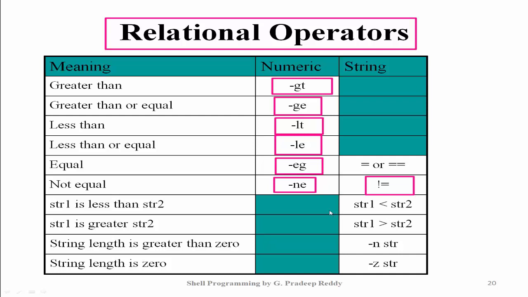Here you can compare string 1 is less than string 2, or string 1 is greater than string 2, and specify string length is greater than 0. Here -n specifies length is greater than 0. If you want to specify string length is 0, use -z followed by str.